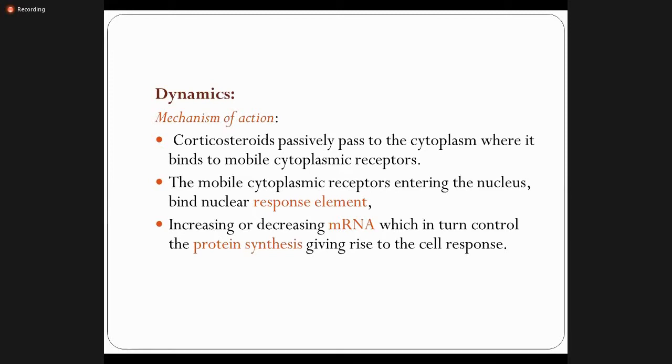That is why I am explaining it, because there are different sites where receptors are located and where drugs bind with these receptors and elicit a response. One location is the cell membrane, another is the transmembrane, the third is the cytoplasm, and the fourth is the nucleus. And corticosteroids are one example that produces its activity at the nucleus level. Clear?